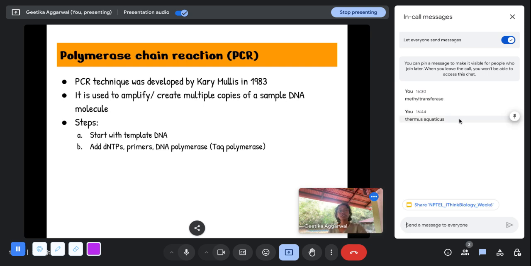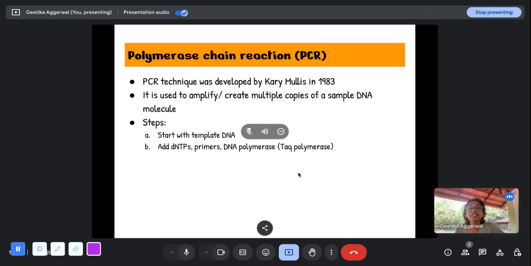And why do we use this particular polymerase? You extract it from Thermus aquaticus because this bacteria can withstand very high temperatures. It's found in hot springs. So Taq polymerase can also withstand very high temperatures and perform DNA duplication even at high temperatures. PCR involves increase and decrease of temperature, so you need the polymerase to be able to withstand these high temperatures. That is why we use Taq polymerase.